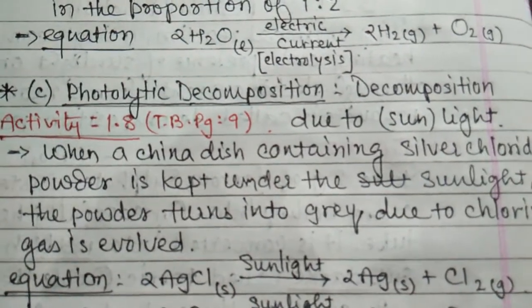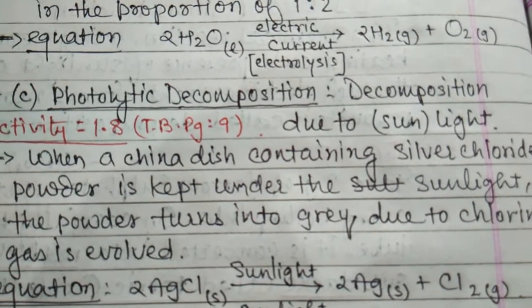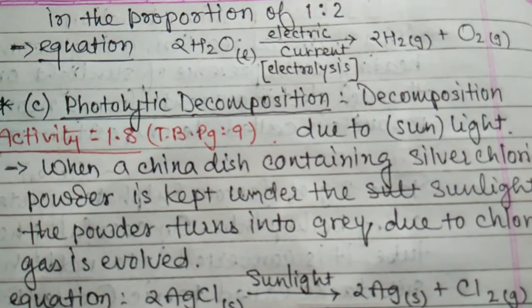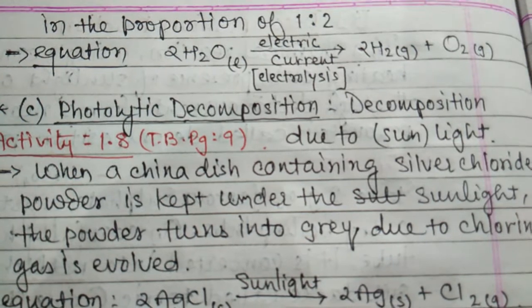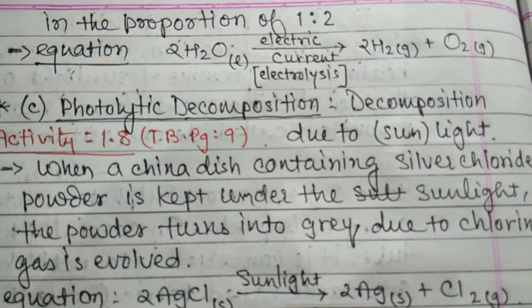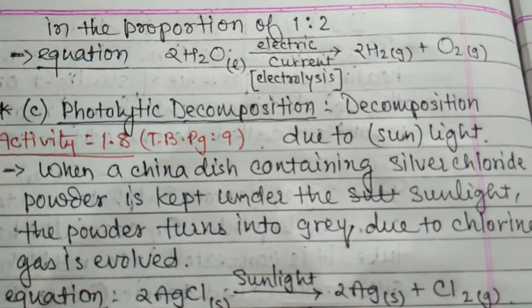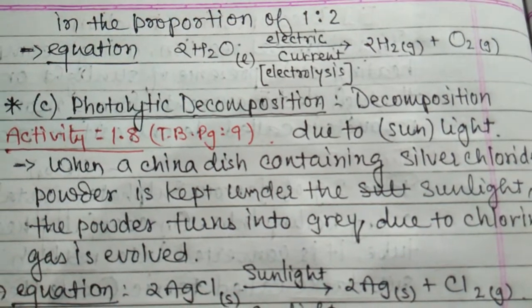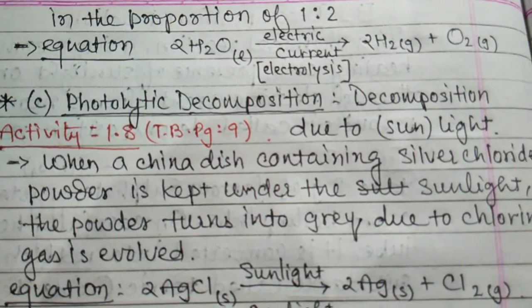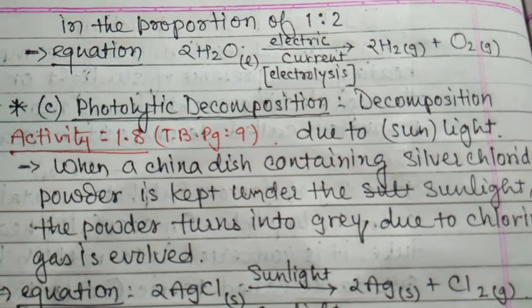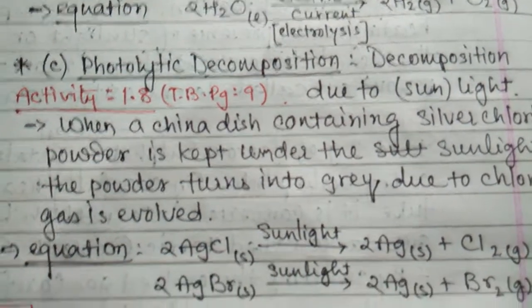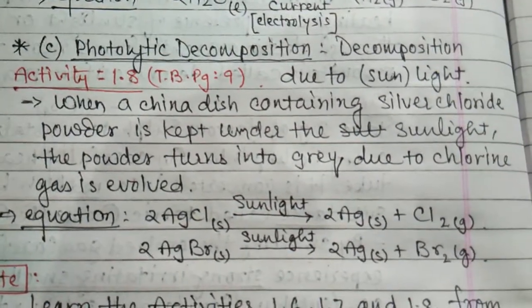Now the equation: when electric current is passed through water, hydrogen and oxygen gas are evolved. Hydrogen gas is collected at the cathode and oxygen gas is collected at the anode.